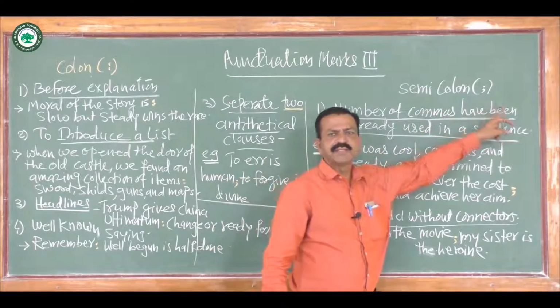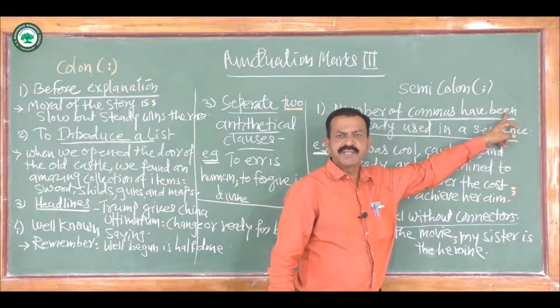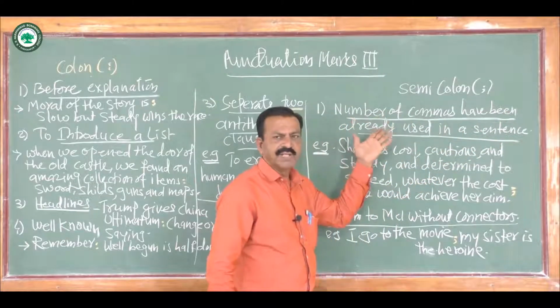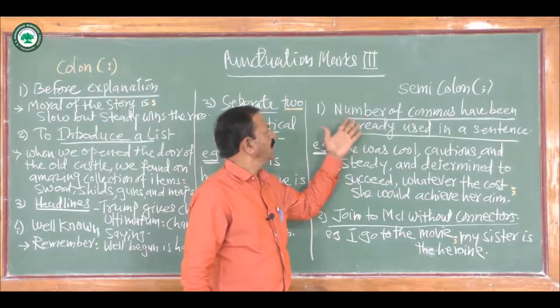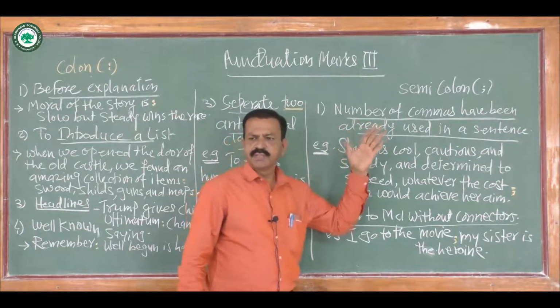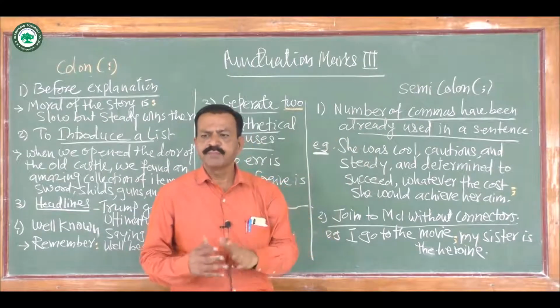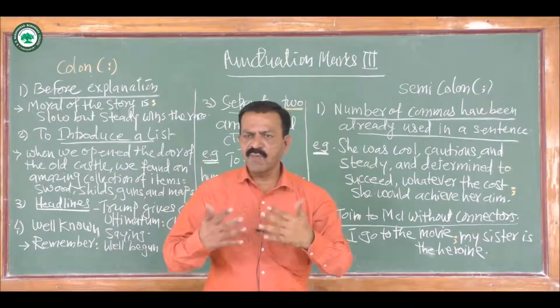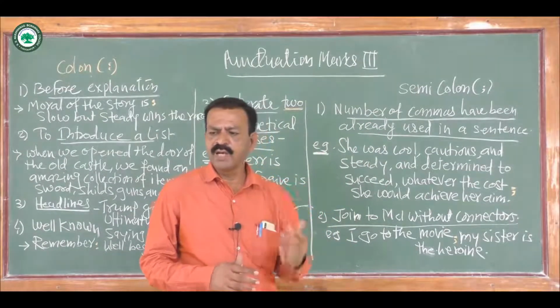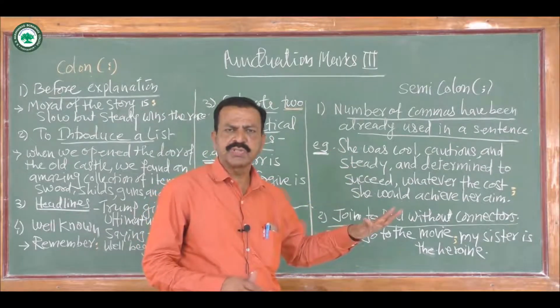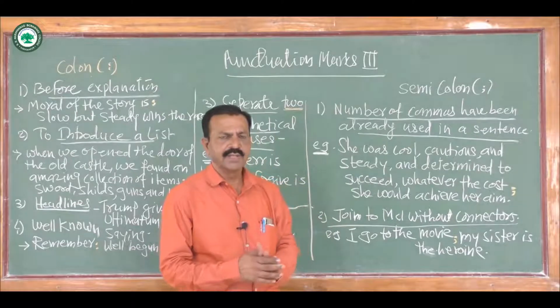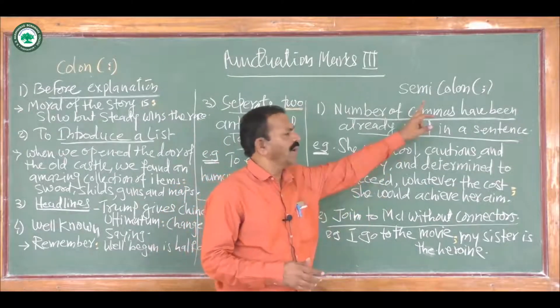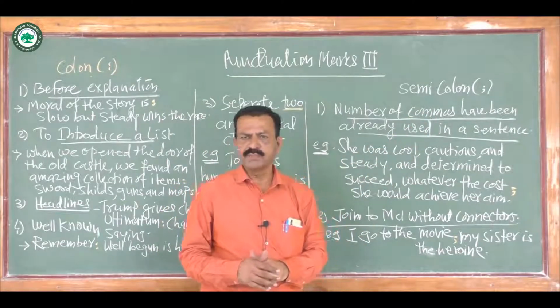Now here is the symbol of semicolon. The first use of semicolon is when a number of commas have already been introduced in a sentence, we have to take the help of this semicolon.